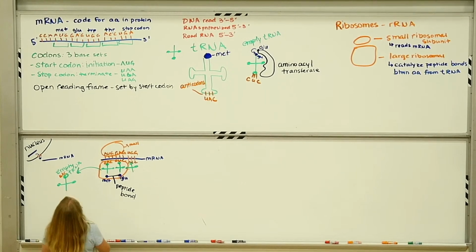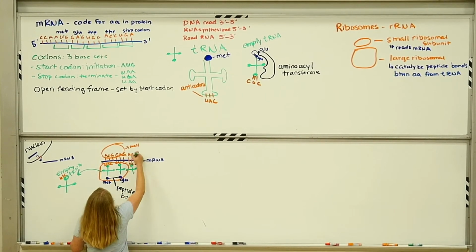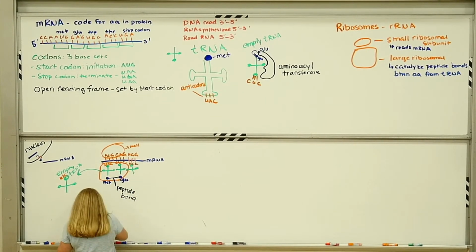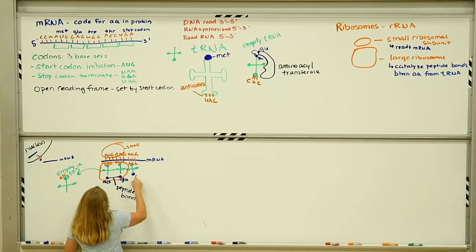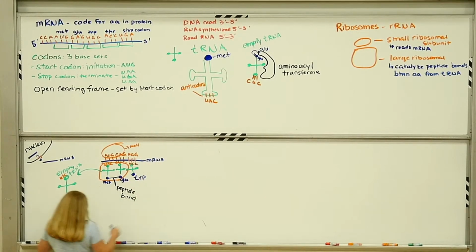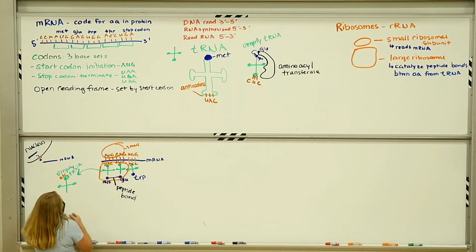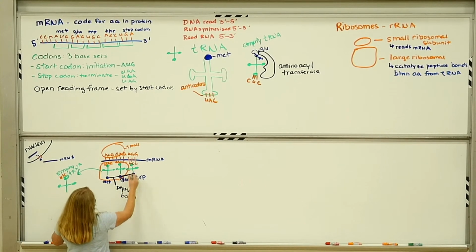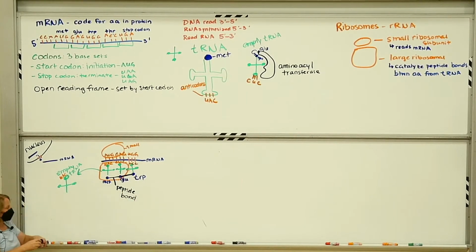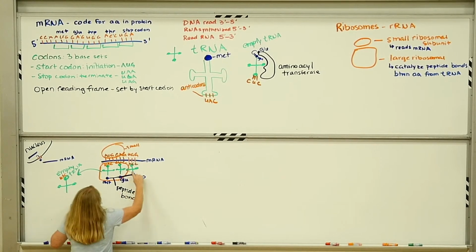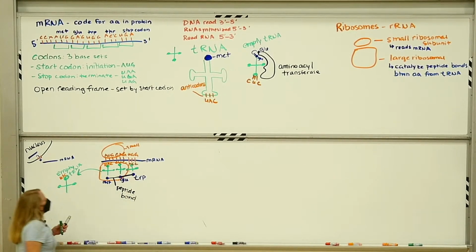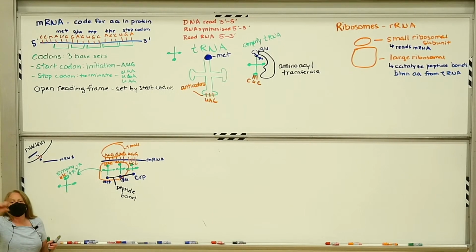Oh, that's interesting. So this is tryptophan. Once this comes in and hydrogen bonds, we can create this peptide bond between the 2 amino acids. This tRNA will drop it, and so on all the way down.